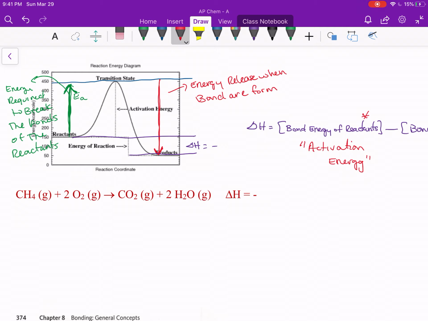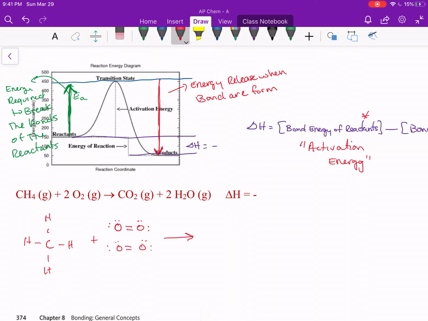But just quickly, we know CH4 looks like this, plus O2. Now we have two O2, right? And so we're going to talk about this, but O2 has a double bond between it.